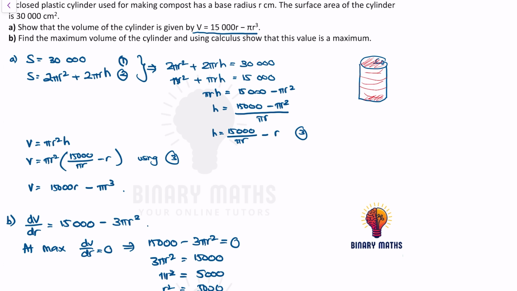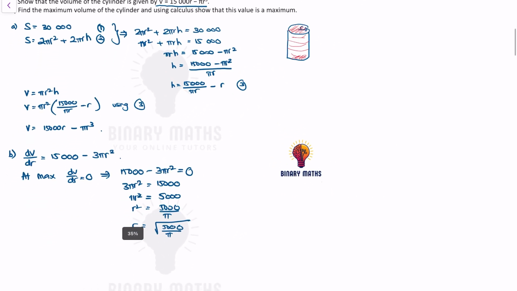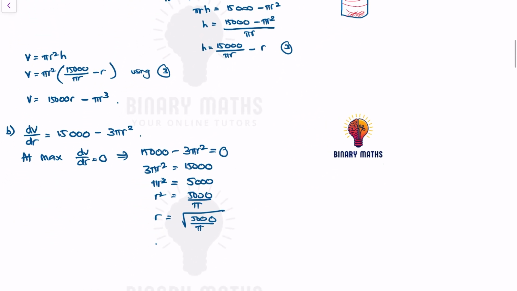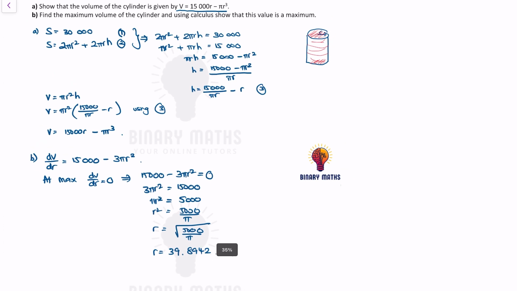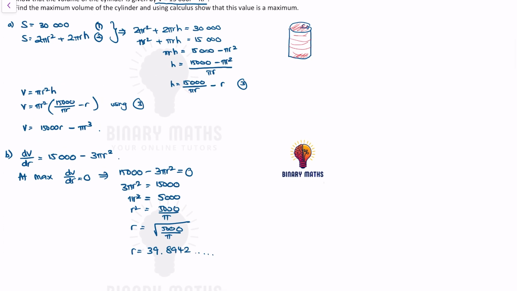Now we only take the positive square root because radius is a positive value, which is equal to r is equal to 39.8942 and so on.